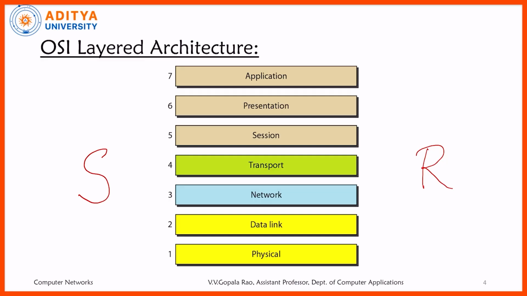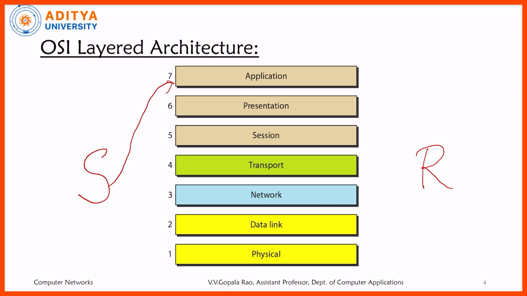Then what is the role of the sending and receiving devices? The application layer is responsible for taking the actual process the sender is interested in, because the application layer is the closest layer to the sender.